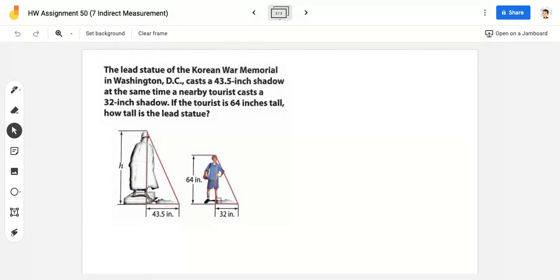The reason that we can determine it is because of what we were talking about yesterday, the idea of similar figures. We have two similar figures here, and basically they form a right triangle. Remember, we talk a lot about corresponding sides. The person's height is going to correspond to the figure's height.